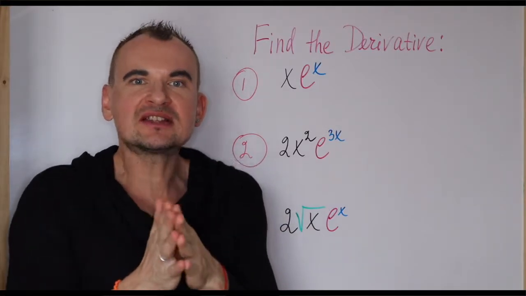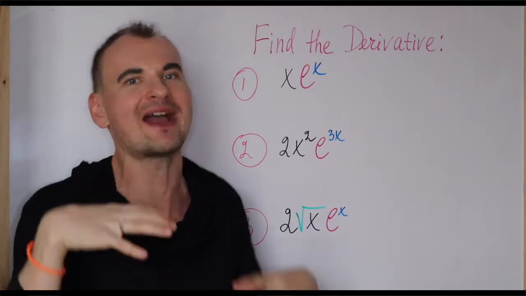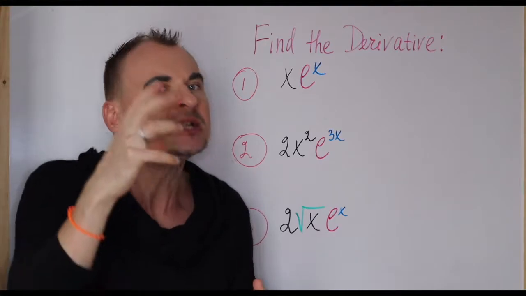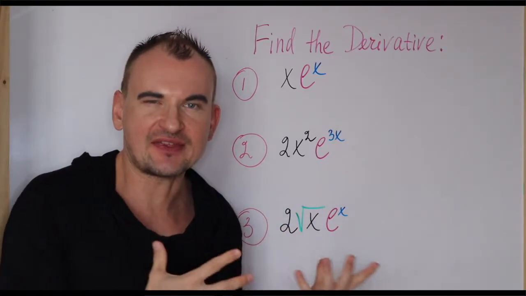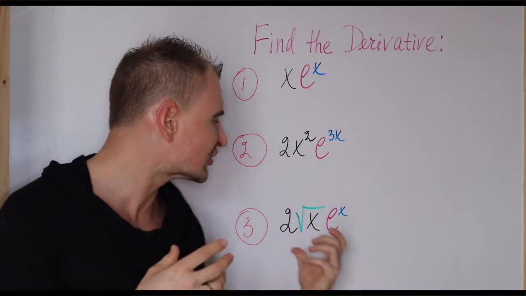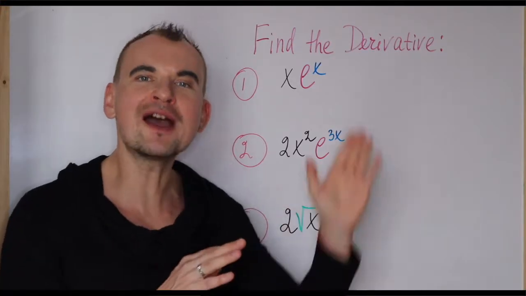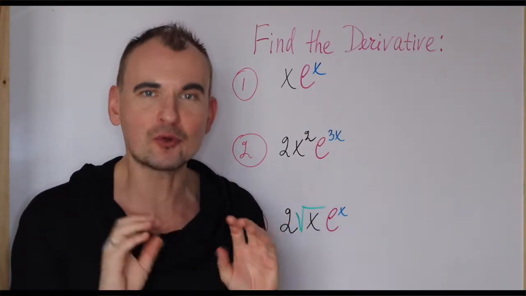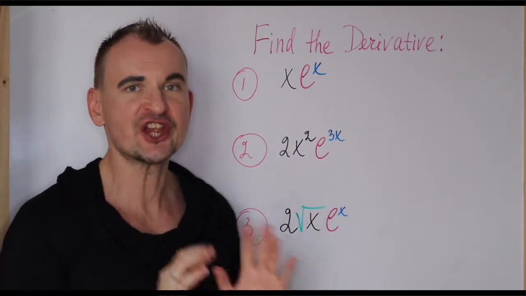You might be given one algebraic function over an exponential function, or vice versa, an exponential function raised to this complicated power over an algebraic function, something like x squared, square root of x, or any radical of x. How to find the derivatives of these kinds of functions? Don't worry, I'm going to break it down and take you through all of these kinds.